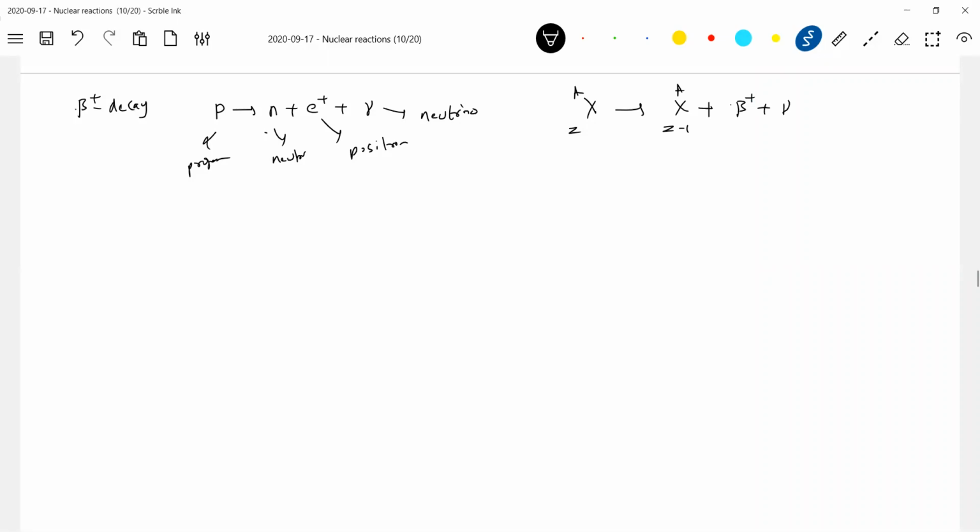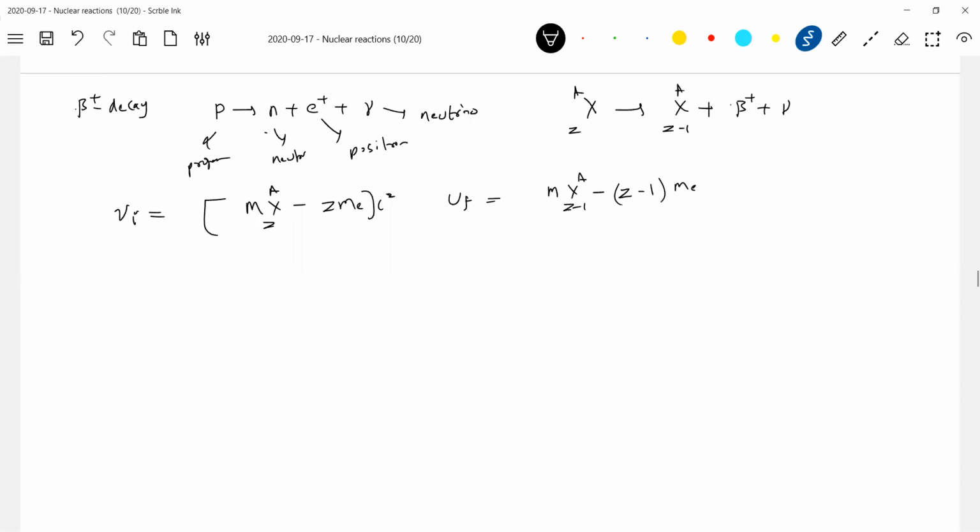Okay, let's write the energy equation in this case. Ui is equal to, Uf equal to. Now what should happen if the charge of the nucleus decreases?